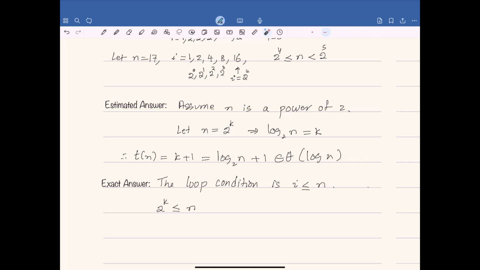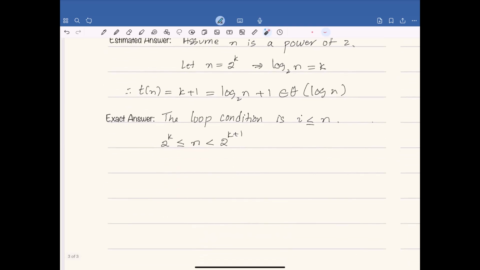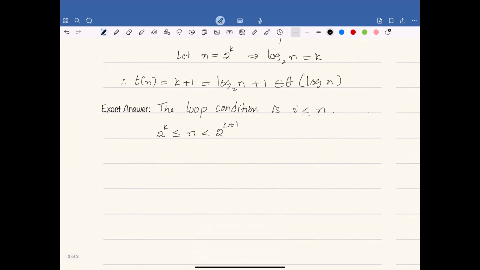And remember what happened when we increased the power of k in the last iteration. We had this inequality. So basically n is less than 2 to the power of k plus 1. This part is for the condition if it is false, and this part if the condition is true. Now take log 2 of each part of this inequality.